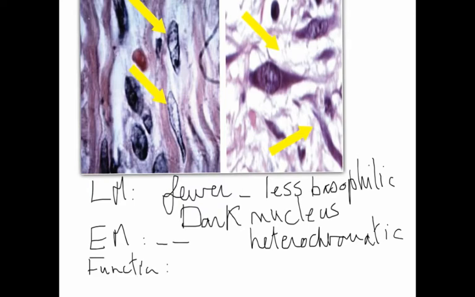As regards the functions, what are the functions? Functions here, number one, it is responsible for the maintenance, صيانة, of the connective tissue by formation of the extracellular components of this connective tissue. يعني extracellular يعني what is present else the cells.